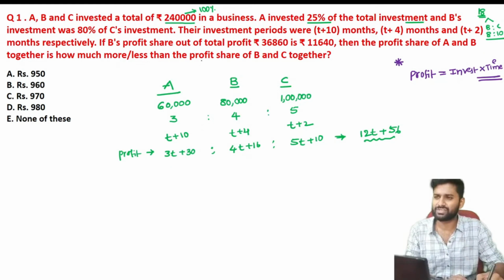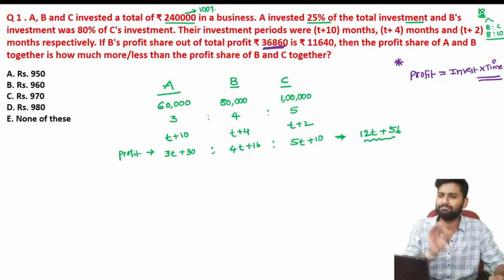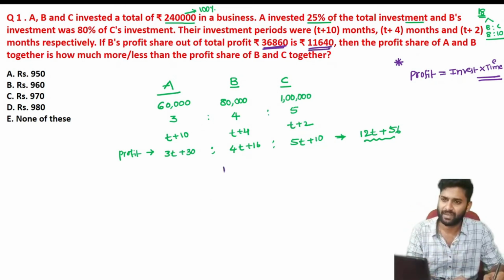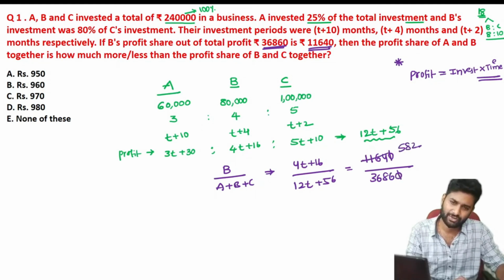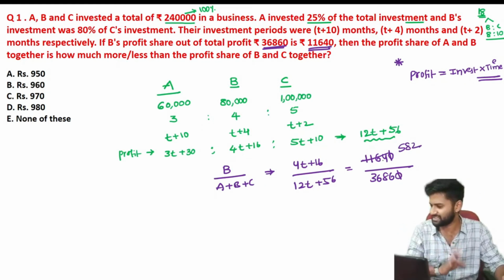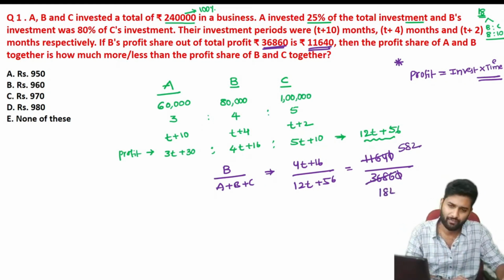Now, if you compare with the original data, the total profit is 36,860 and B's share is 11,640. So B's share compared to the overall share: B's share is 4t plus 16, and the overall share is 12t plus 56. If we go through the values, it's 11,640 out of 36,860. Just go through the cancellation here. It's 582, just cancel with the two tables. It's 582. Now see here 1843.